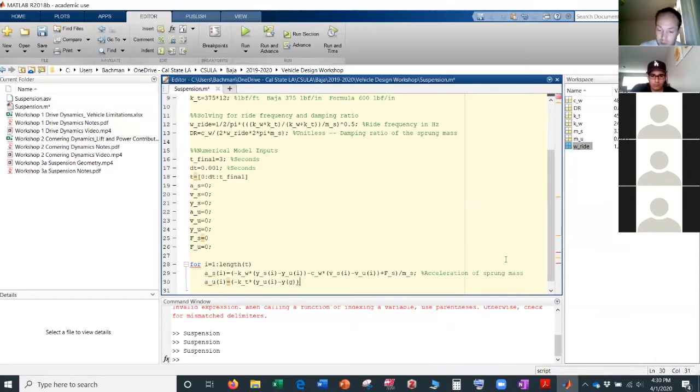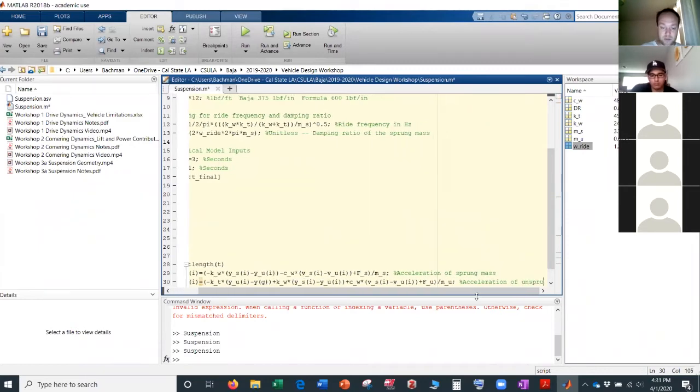Then we're going to have plus most of these terms, so I'm just going to copy them. Plus this term, plus this term. It's going to be the force on the unsprung mass, over the mass unsprung. So this is the acceleration of the unsprung mass.